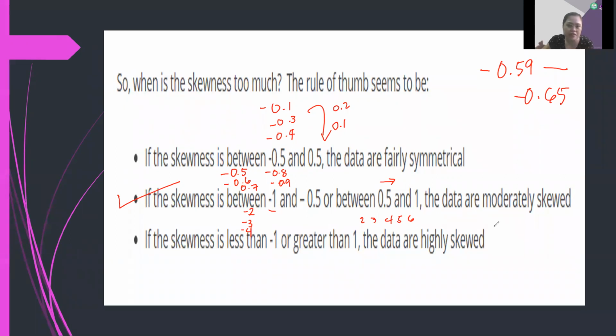So that will be -0.4, -0.3, -0.1, hanggang mag-0 siya, tapos 0.1, 0.2, hanggang mag-0.5 na naman siya. That's fairly symmetrical. Okay? Pero pag mas mataas na values, like -1 to -0.5 or 0.5 to 1, the data is now moderately skewed. Pag mas mataas na talaga siya sa 1 class, ayun na, highly skewed na siya, and we cannot use parametric tests here.